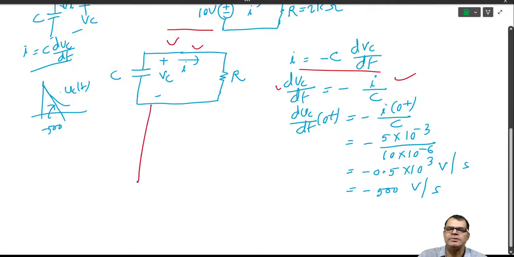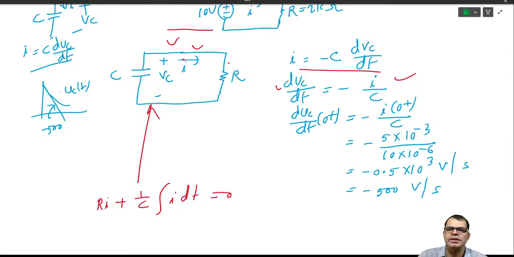See, from this circuit I can write the KVL. If you know how to write the KVL, it is equal to RI, because the current is flowing, this will be positive, plus 1 upon C integration of I dt equal to 0.